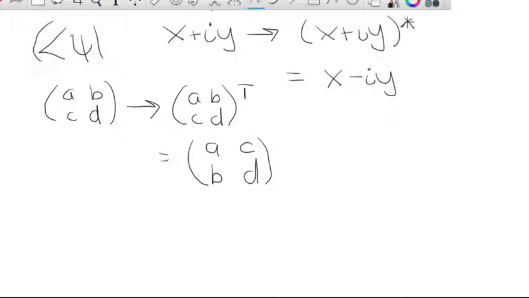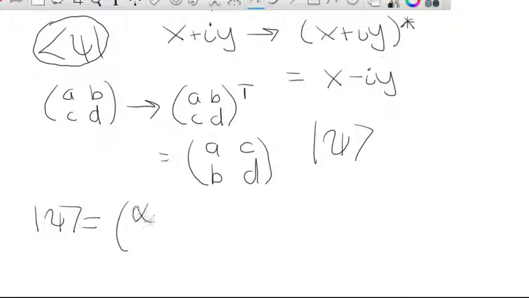So this bra is the complex conjugate transpose of our ket psi. Okay? So what that means is we had before psi is equal to the column vector (alpha, beta).